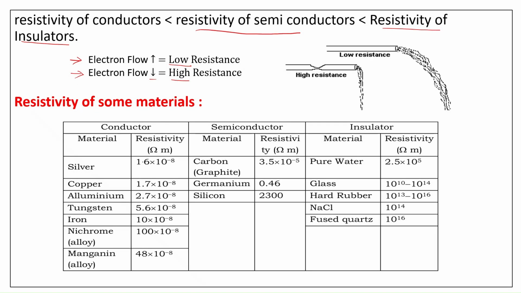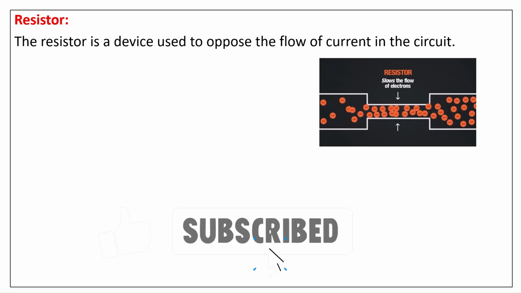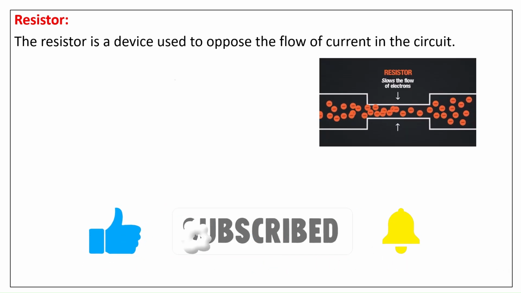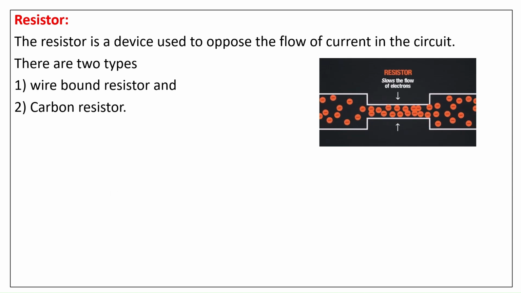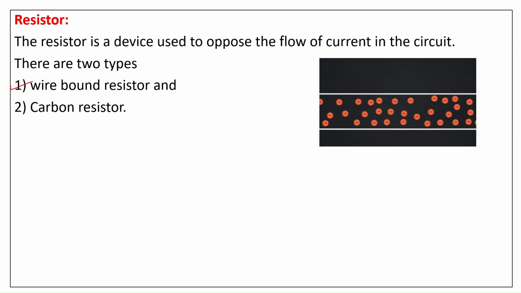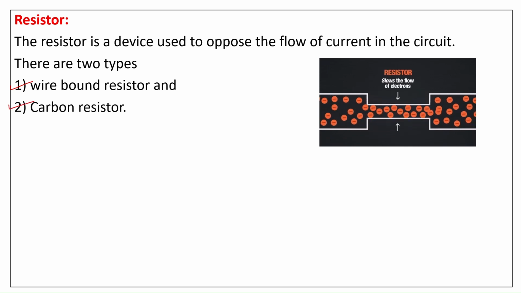Next, we see the resistor. A resistor is a device used to oppose the flow of current in the circuit. Generally, resistors slow down the flow of electrons. There are two types: 1. Wire-bound resistor and 2. Carbon resistor.